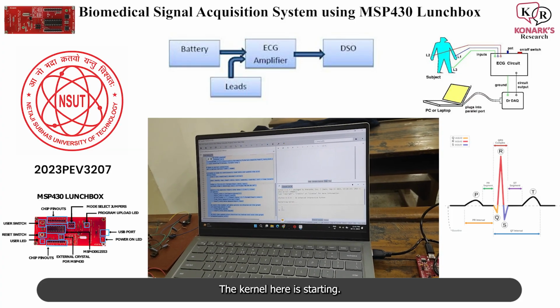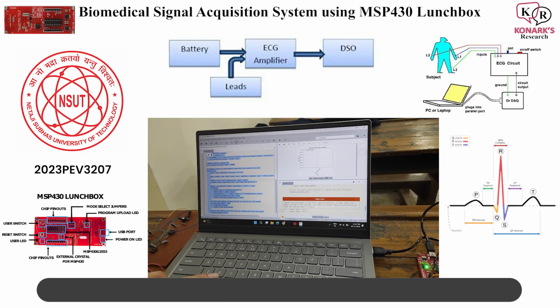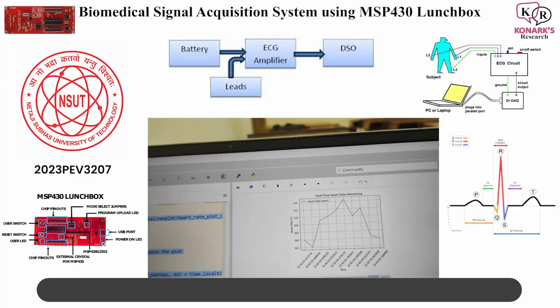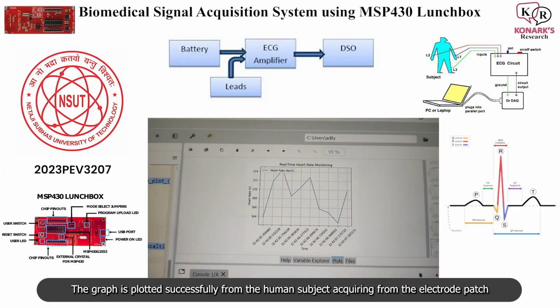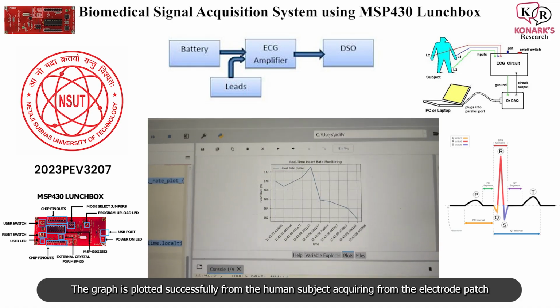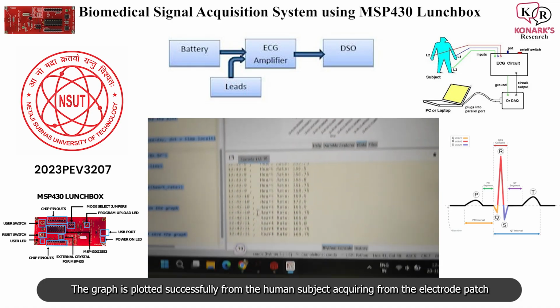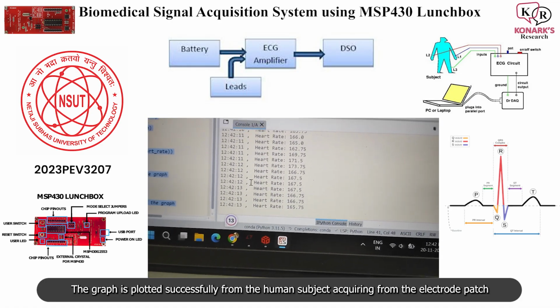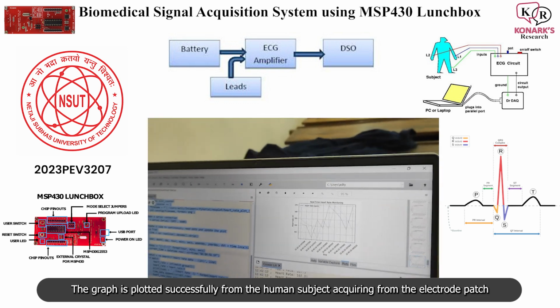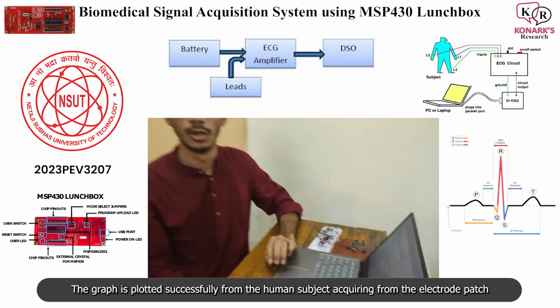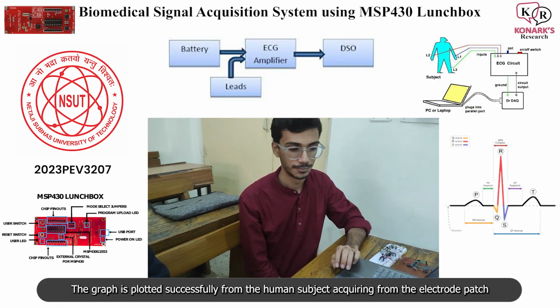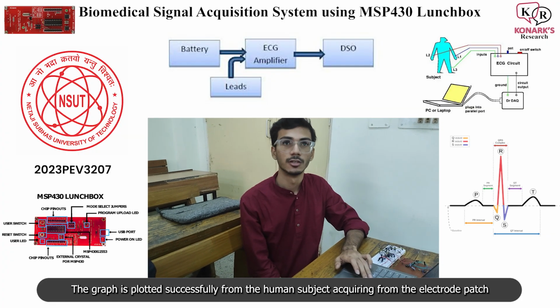The kernel is restarting. The graph is plotted successfully from the human subject, acquired from the electrode patch.